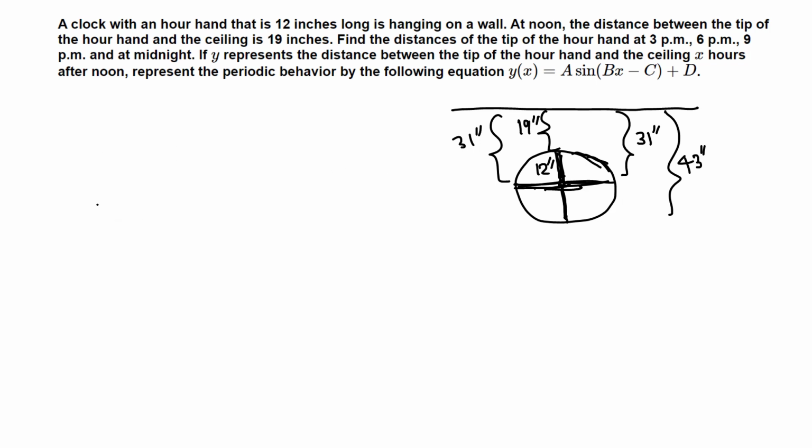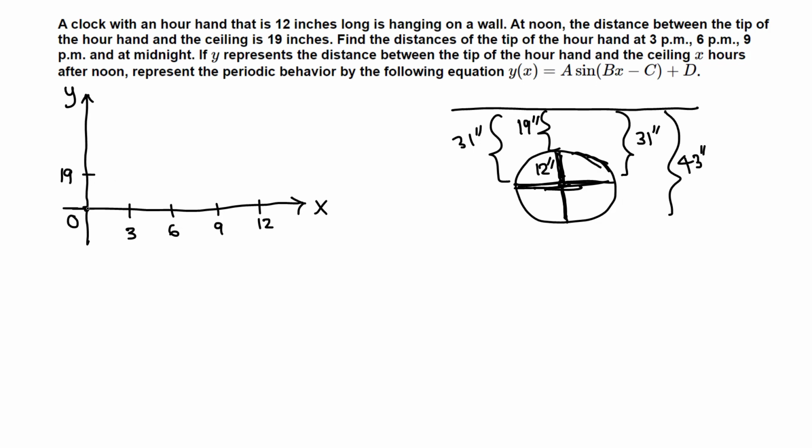Okay, so let's draw a graph. We have the distance from the ceiling to the tip of the hour hand, y, and this is the time after noon. Noon is 0. At 0, that means noon, 19 inches. That's the first point. Then 3 p.m., 6 p.m., 9 p.m., midnight.